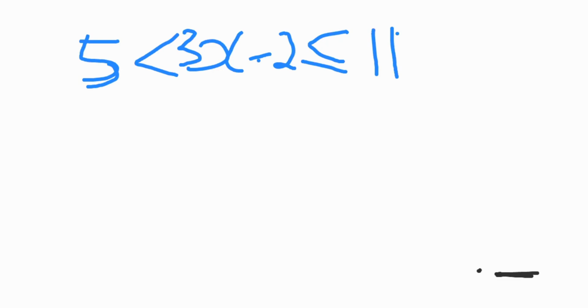Reading it straight across from left to right, it's 11 less than or equal to 4x plus 7 less than 27.